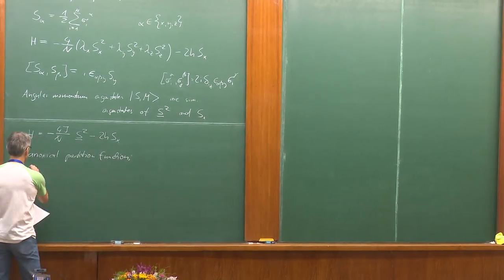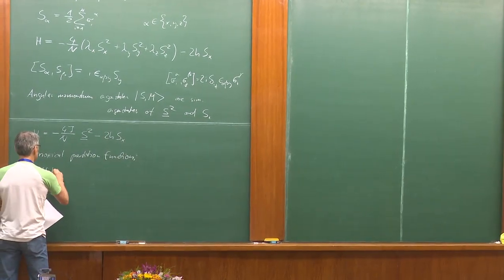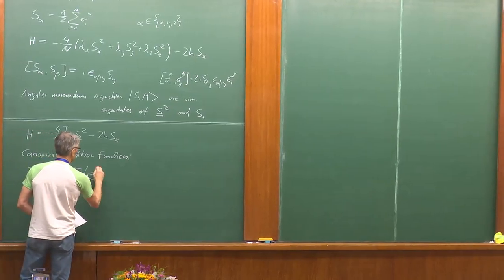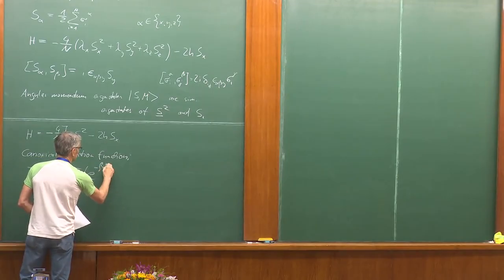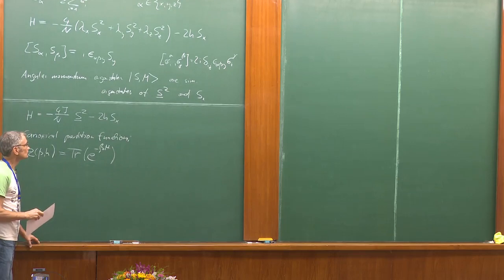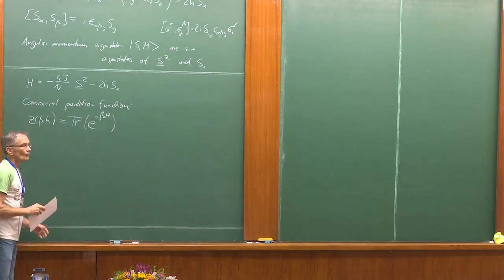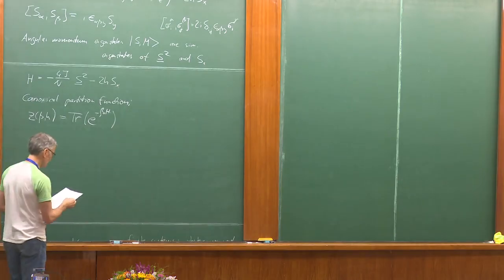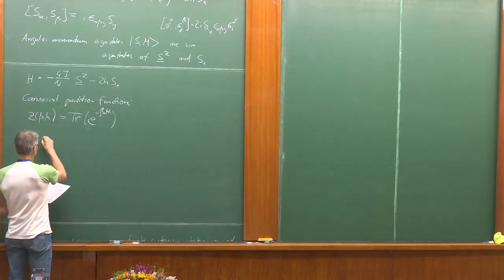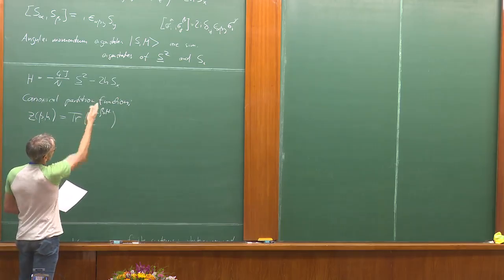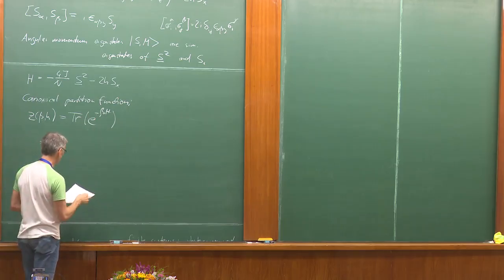So we want to do Z of beta and h, which is, as you all know, the trace of e to the minus beta H. And then the trace we can always do in the basis of our choice. And the basis of our choice will then of course be the S m basis that I wrote up here.